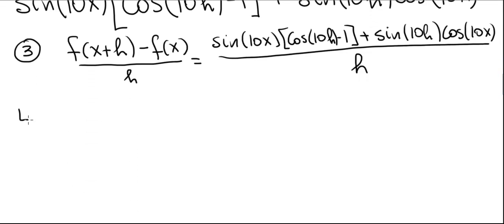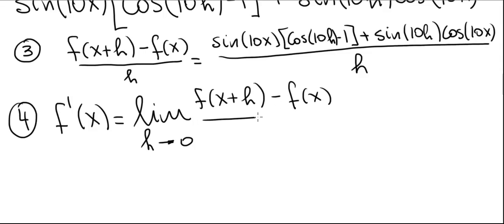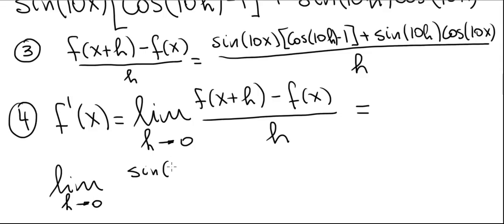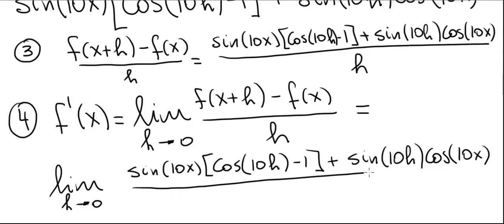So step number 4, actual computation of the derivative. f prime of x is equal to the limit as h goes to 0 of f of x plus h minus f of x divided by h, and this becomes the limit as h approaches 0 of sine 10x times the quantity cosine 10h minus 1 plus sine of 10h times cosine of 10x, divided by h.